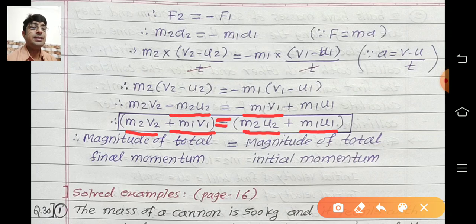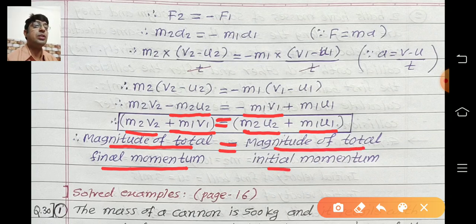So m2 v2 plus m1 v1, where v1 and v2 mean final velocities, is the magnitude of the total final momentum. It is equal to m2 u2 plus m1 u1, where u1 and u2 are initial velocities, that is the magnitude of the total initial momentum.